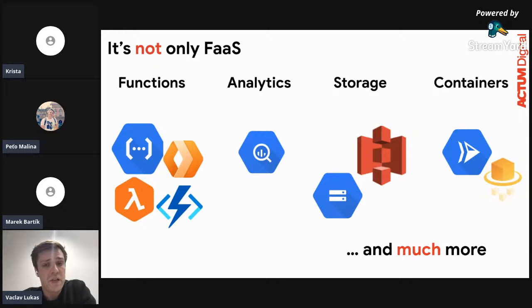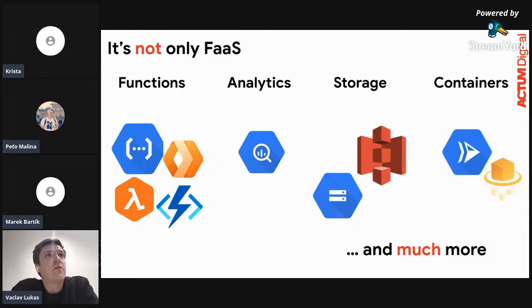On the other hand, managed does not necessarily mean serverless. For example, if you have a Redis database, it can be managed, but it won't scale without your actions. Just to keep in mind, food for thought.